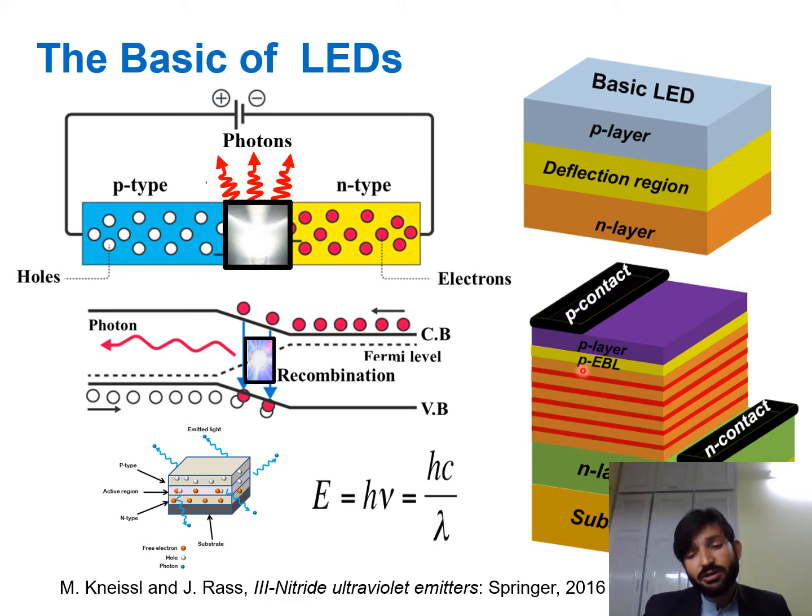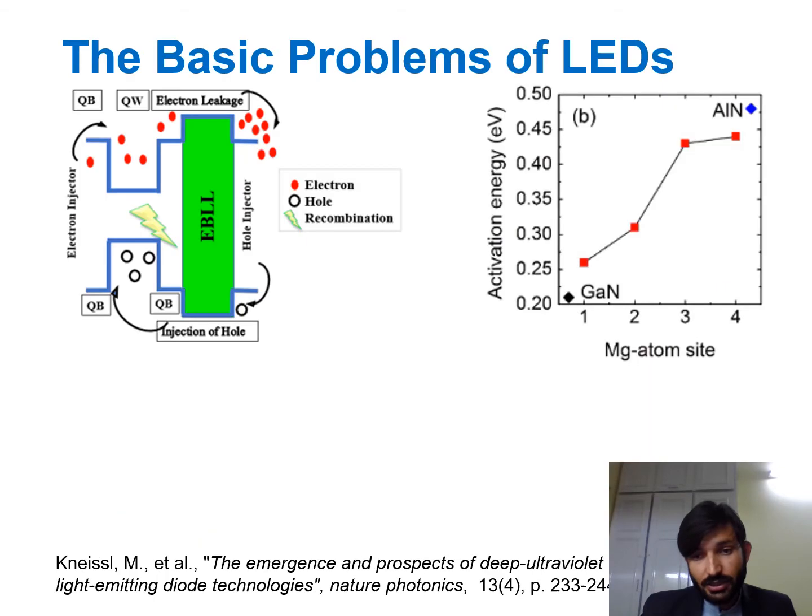The purpose of the electron blocking layer is to suppress the electrons effectively, while in the engineering of the depletion region, quantum wells and quantum barriers are used to maximize the recombination of holes and electrons remarkably. So we engineer the depletion or active region in modern LEDs.